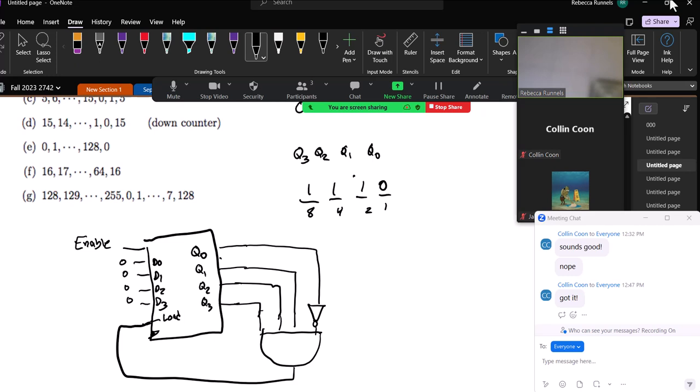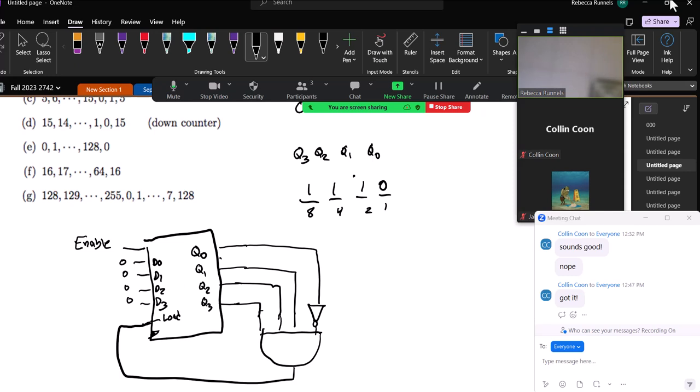Okay, so what I just did there is I made sure that I had 1110 by putting this NOT gate on Q0. So this makes sure that Q0 is 0.